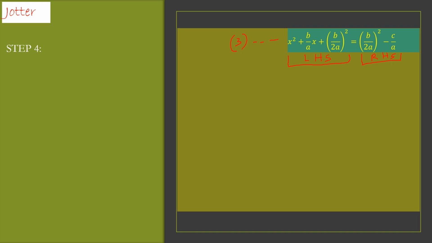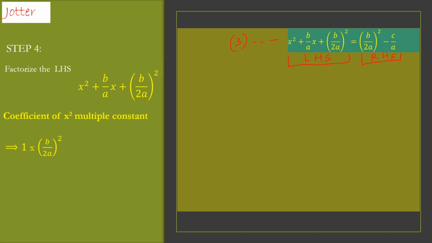In processing the left hand side, we want to factorize it. So we factorize the left hand side. Factorization means looking at the product of the coefficient of x squared and the constant. The coefficient of x squared is 1 here, and this is the constant.